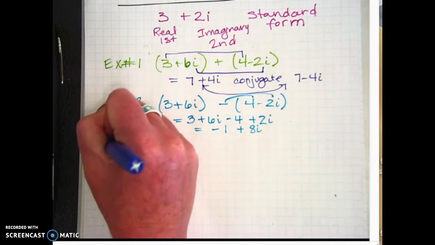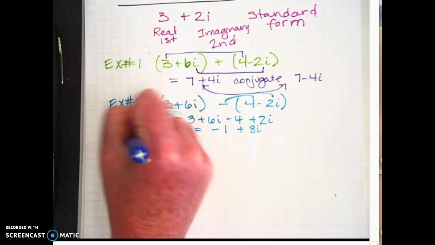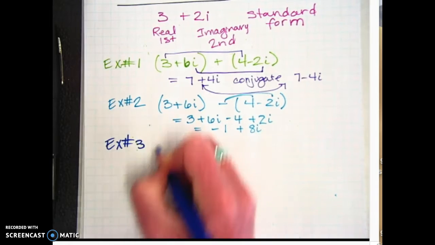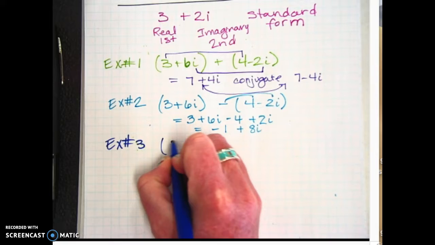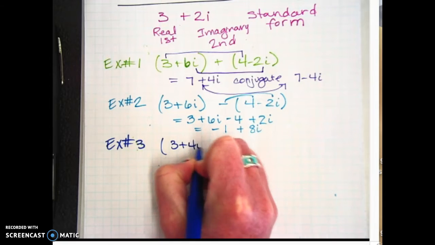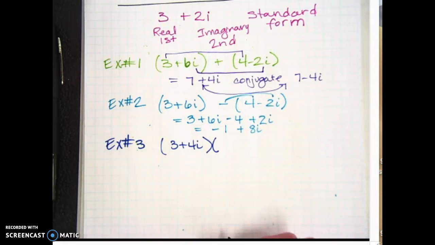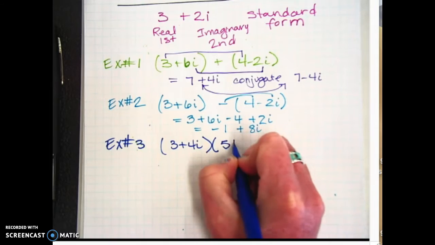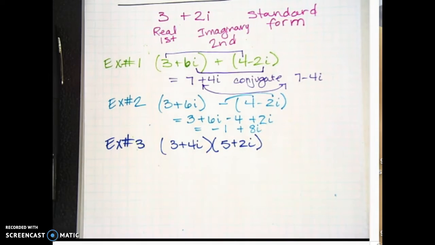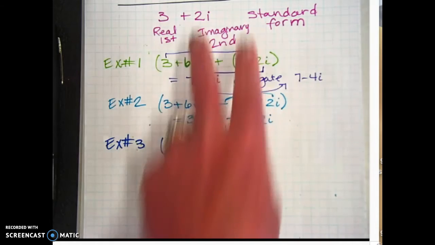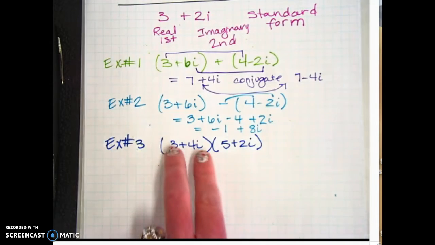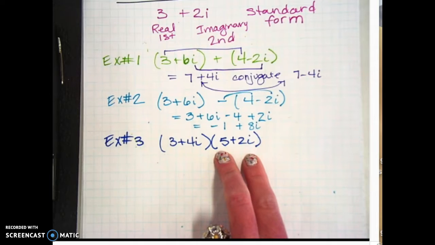All right, let's get into the good stuff. Example 3. Now we're going to multiply. So we're going to have 3 plus 4i, and we're going to multiply that by the binomial 5 plus 2i. And so when you're multiplying complex numbers, you have a 2-term polynomial and another 2-term polynomial.